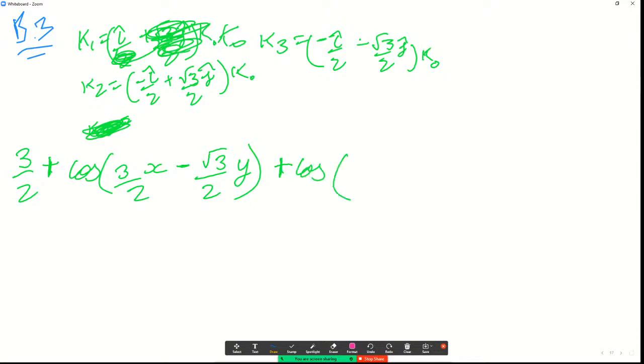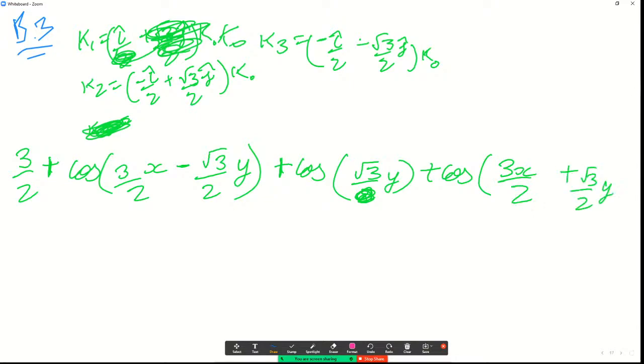Plus cos of k2 minus k3, that is 0 for this, and root 3 over 2, 2 would cancel out, y, plus cos of k1 minus k3, that is 3x by 2 plus root 3 by 2y.